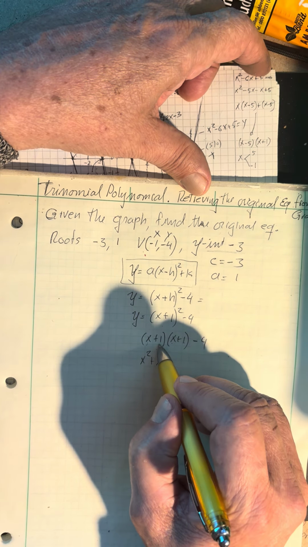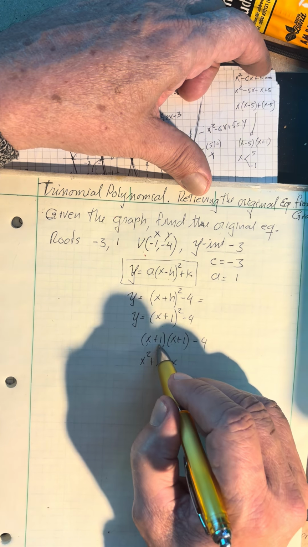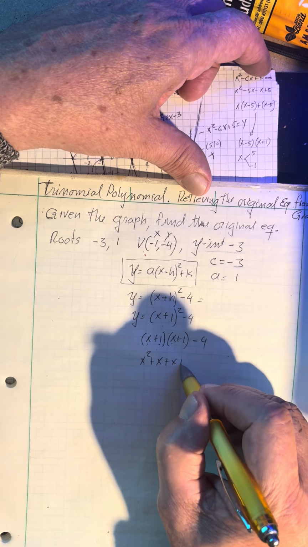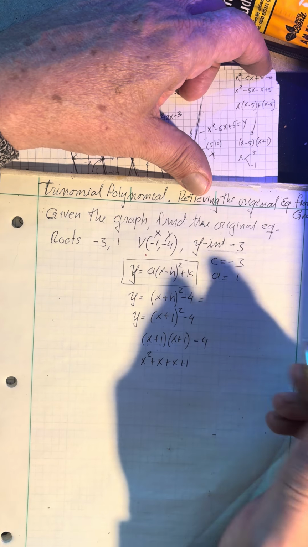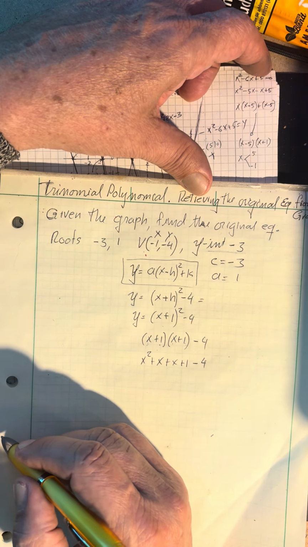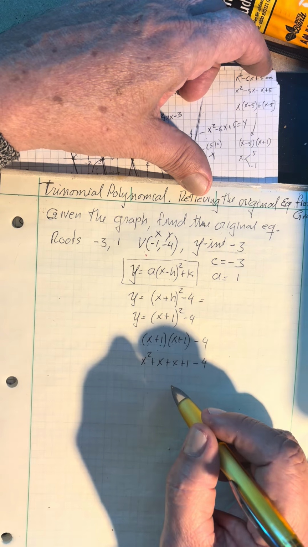Then 1 times x is x. And 1 times 1 is 1 squared, which is 1, minus 4. That looks good.